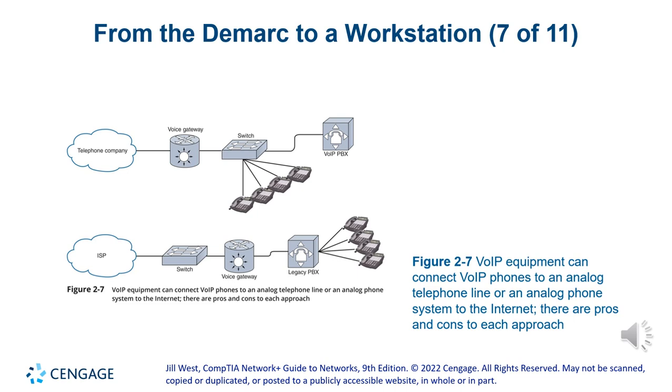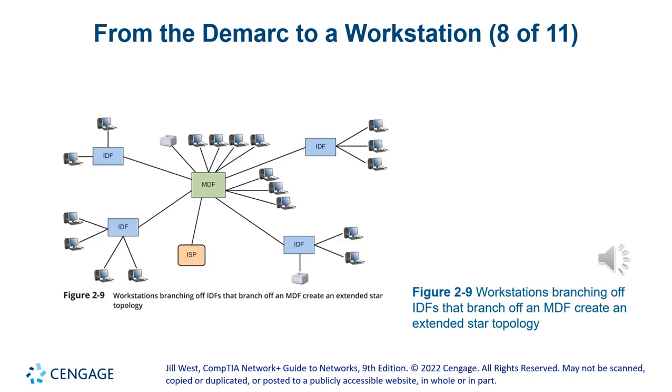Even though I have a voice over IP service, I have sort of a legacy PBX in the middle, and that provides my connection to the legacy phones. Legacy phones, I mean the old phones. Those are the analog phones, and they do have a phone jack in the back. The new ones will have basically a network jack in the back of the phone. Those are the IP phones.